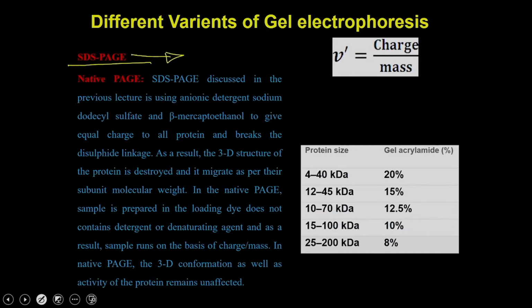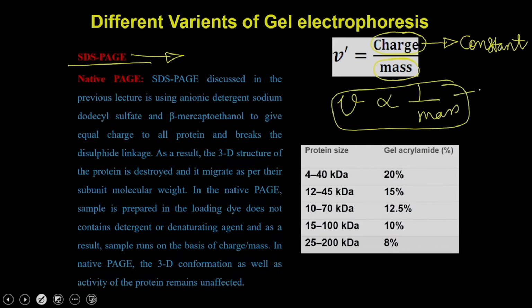As you know, the electrophoretic mobility is governed by the charge by mass ratio. So, if I keep the charge constant, then the electrophoretic mobility is going to be inversely proportional to the mass, and that is the condition for SDS PAGE.